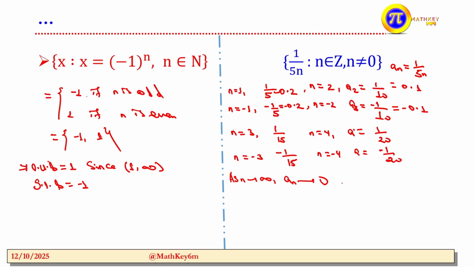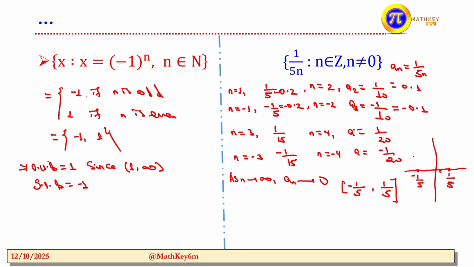So this set lies in the interval between negative 1 over 5 and 1 over 5. It includes both. Consider the number line: here is negative 1 over 5, and the other one here is 1 over 5. 1 over 10 is less than 1 over 5, somewhere in between.